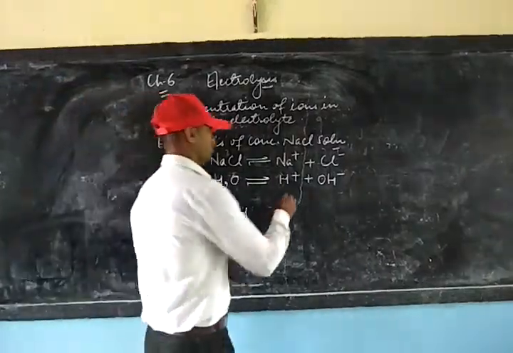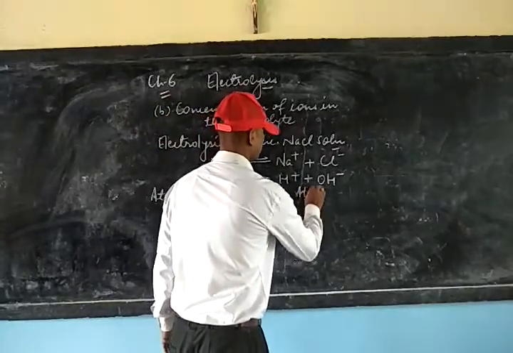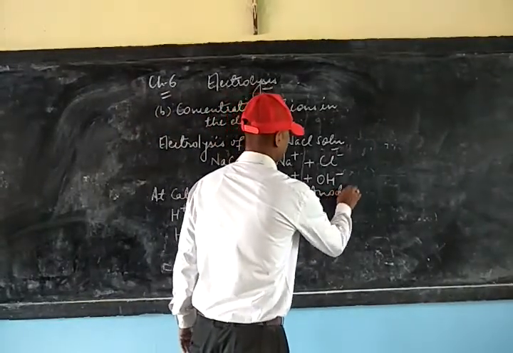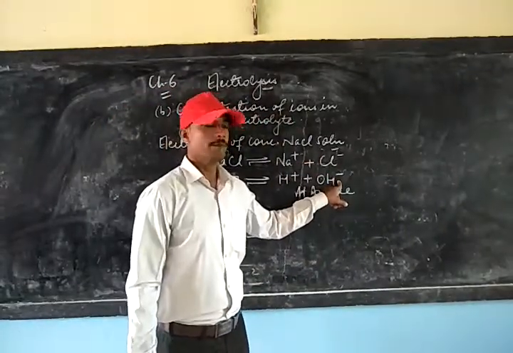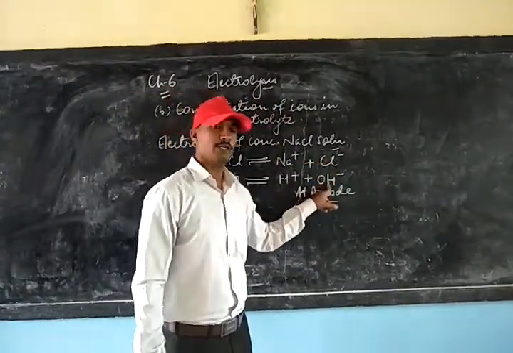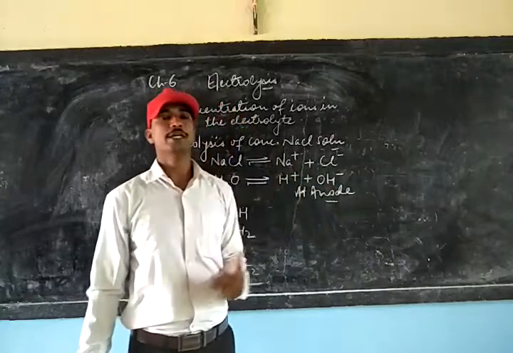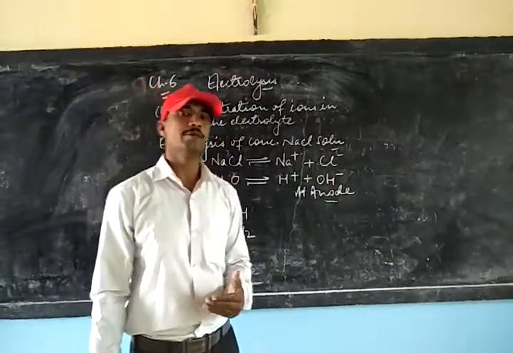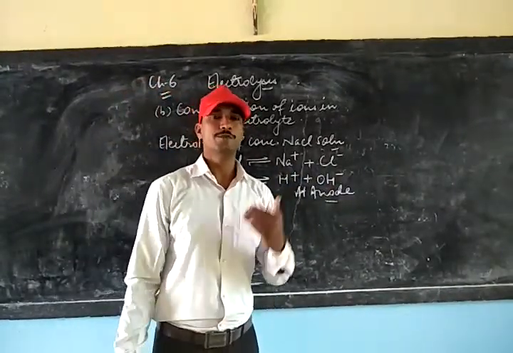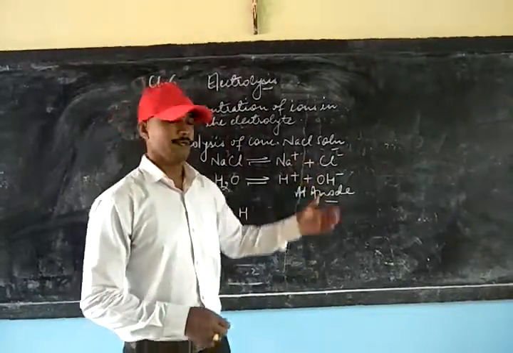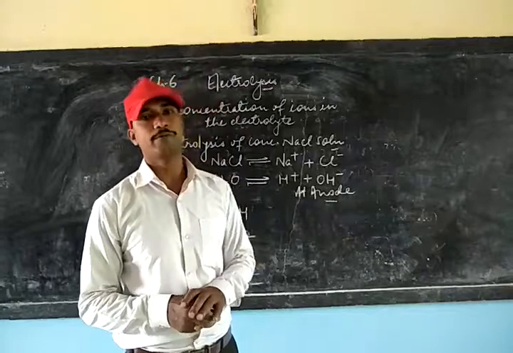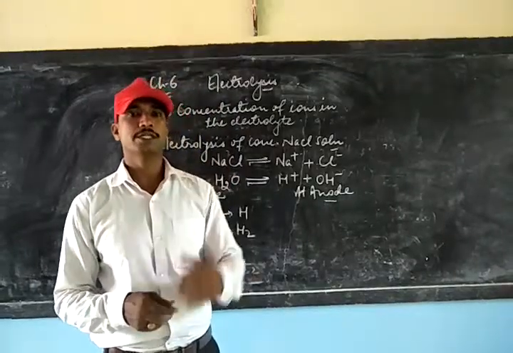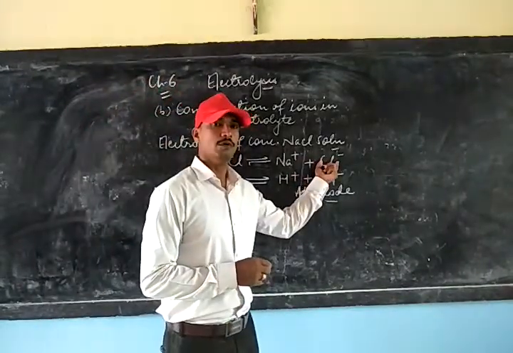And now at the anode, there are two negatively charged ions, that is chloride ion and hydroxyl ion. When you see hydroxyl ion in the electrochemical series, it is below chloride ion. But we are not going to discharge hydroxyl ion first, as the concentration of chloride ion is more.